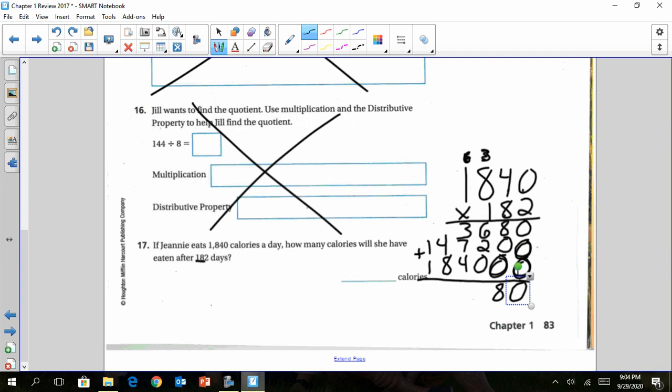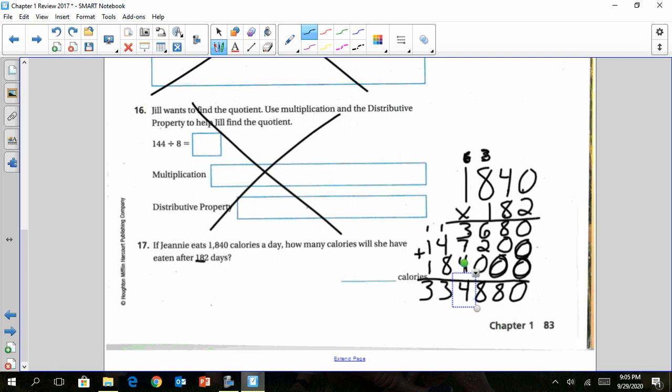6 plus 2 plus 0 is also 8. On the next one, I'm going to go 3 plus 4 is 7. 7 plus 7 is 14. I'm going to carry my 1. 8 plus 4 is 12. Plus 1 is 13. Carry my 1. 1 plus 1 plus 1 is 3.